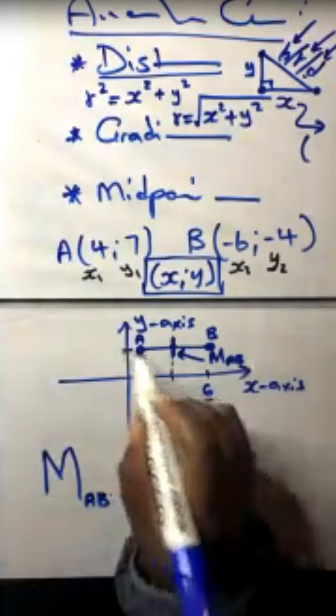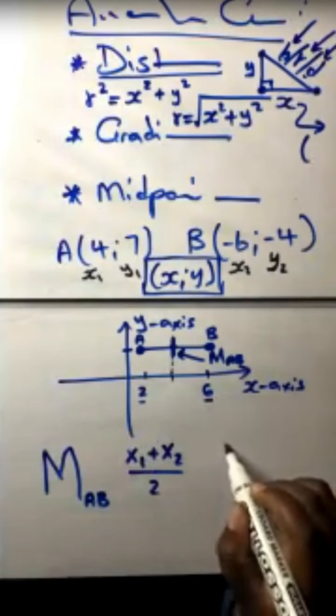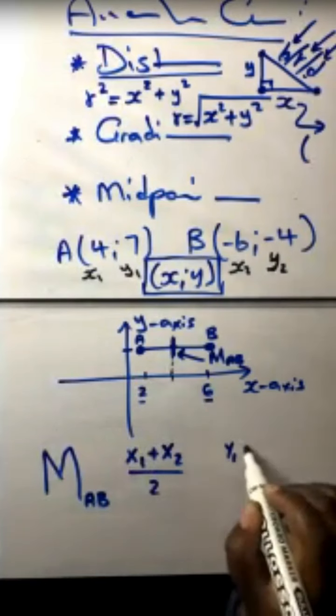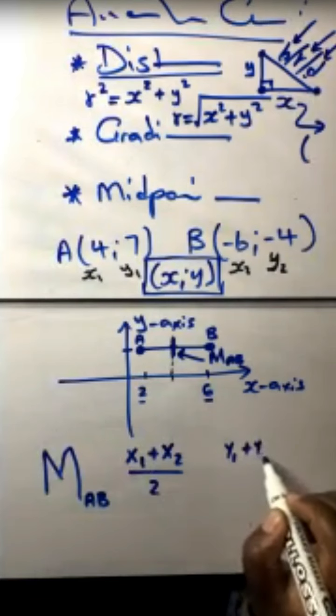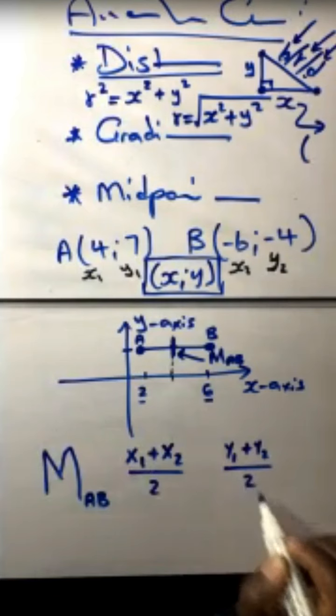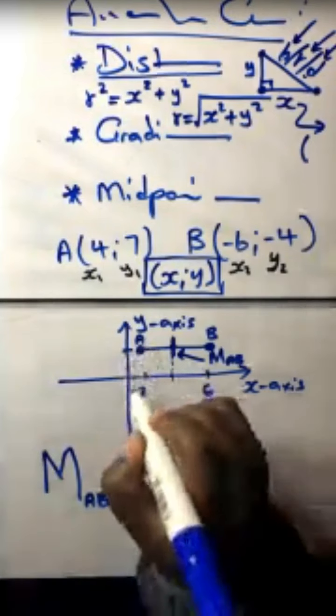You do the same for the y value, whatever y value that it is over there. So that means you must say the y value of the first point plus the y value of the second point divided by 2. So I'm going to ask you guys a question.